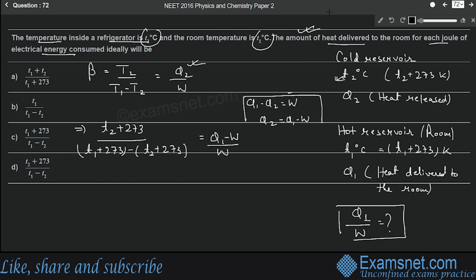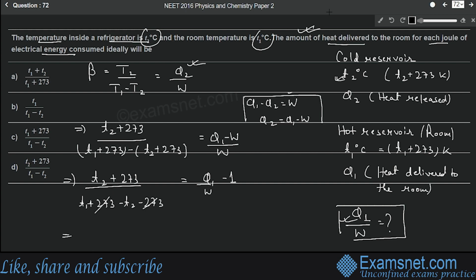Why did we do this? Because we have to find Q1 by W. Therefore, let's solve it. On the left hand side we have T2 plus 273 upon T1 plus 273 minus T2 minus 273 on opening the bracket. So minus 273 and plus 273 will cancel out, and this side we have Q1 minus W by W, that means Q1 by W minus 1.